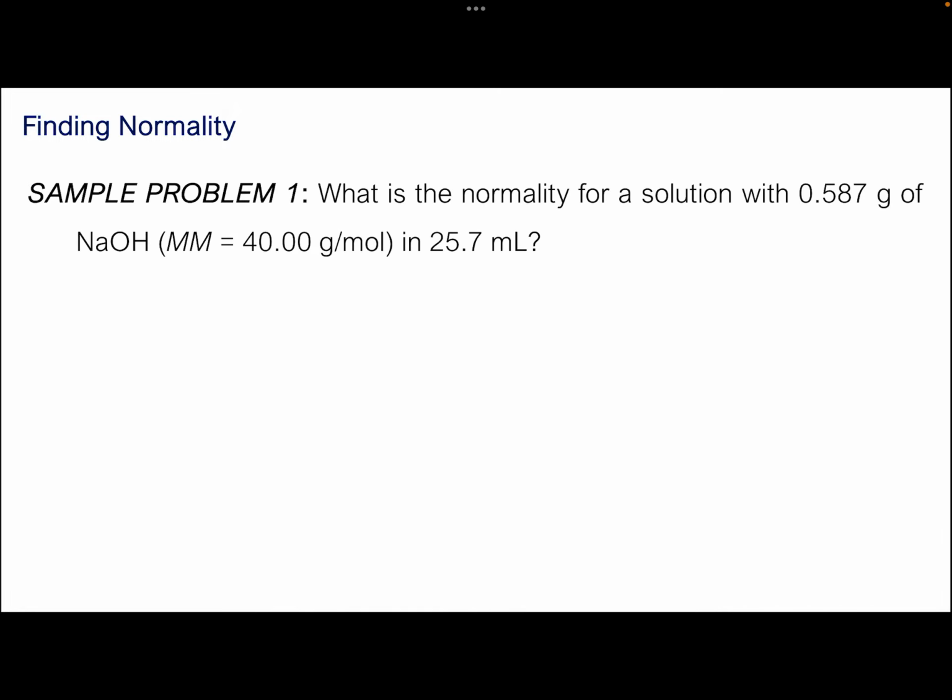Okay, so now we will calculate the normality. Sample problem 1: what is the normality of a solution with 0.587 gram of NaOH, having a molar mass of 40 gram per mole, in 25.7 ml?